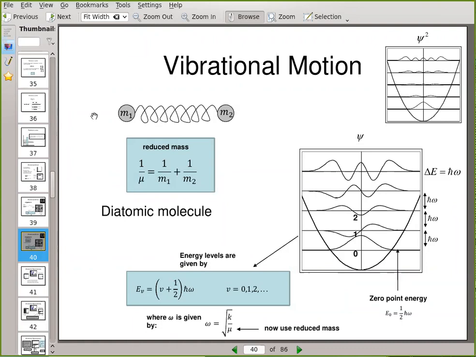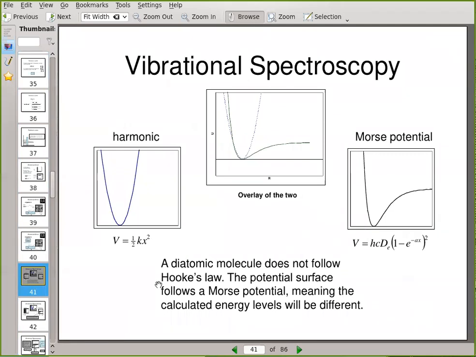Of course, if the masses are comparable to each other, then you've got the wall moving, and so you have to account for that, and the reduced mass is important. Has that answered the question that I got on the chat? How does the vibrational motion depend on the reduced mass of molecules? It's a way of simplifying the calculation.